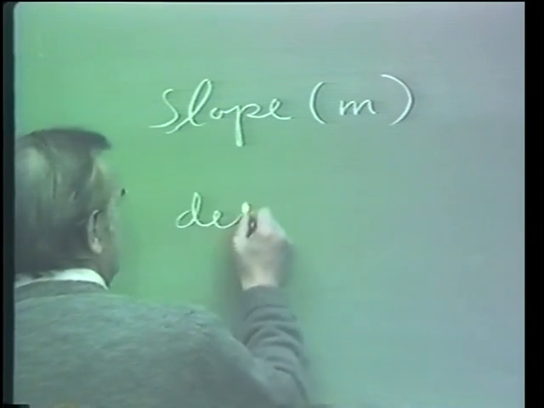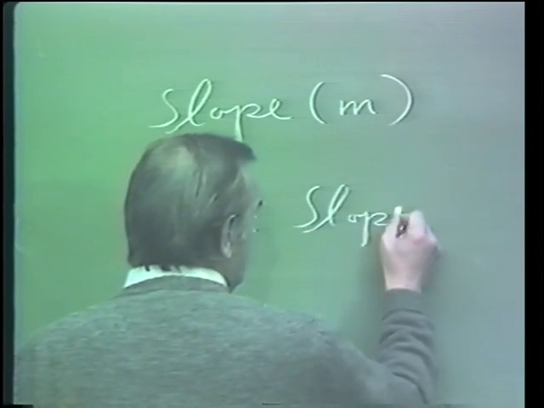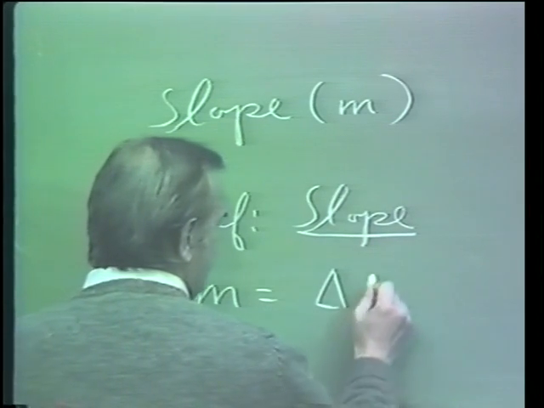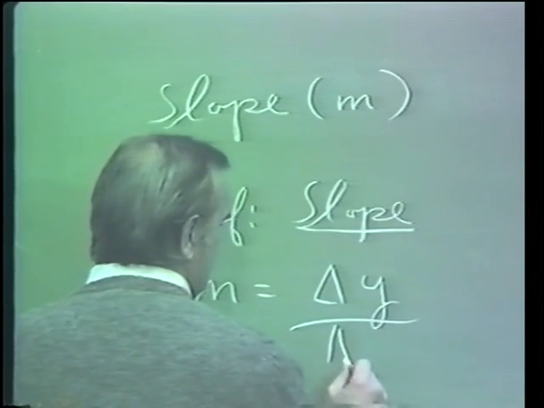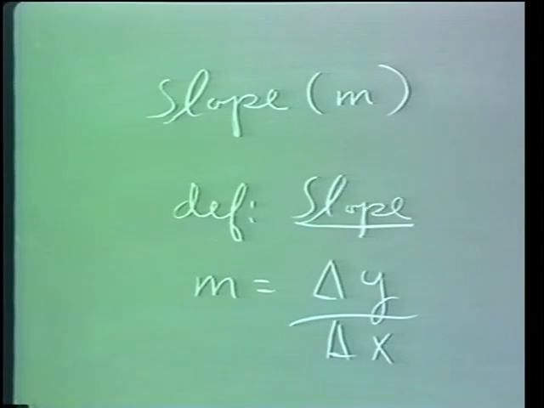Our definition of slope says m is equal to, that's a Greek letter, delta y over delta x.